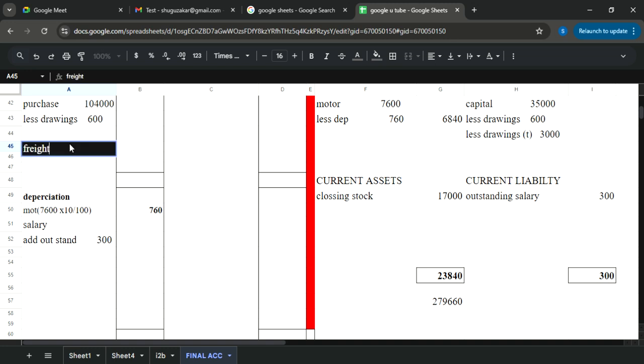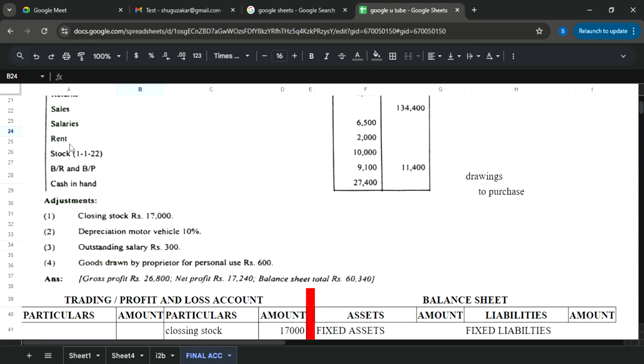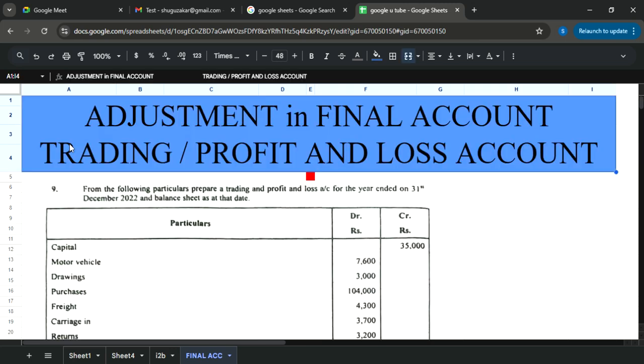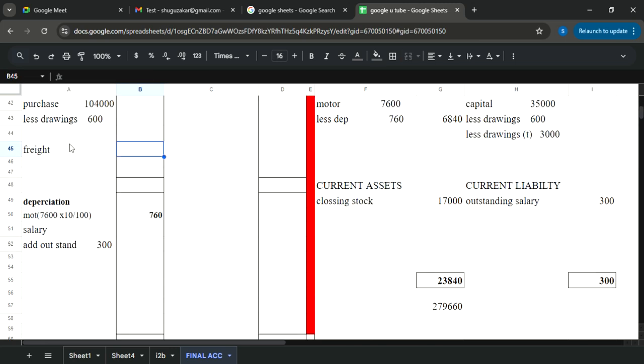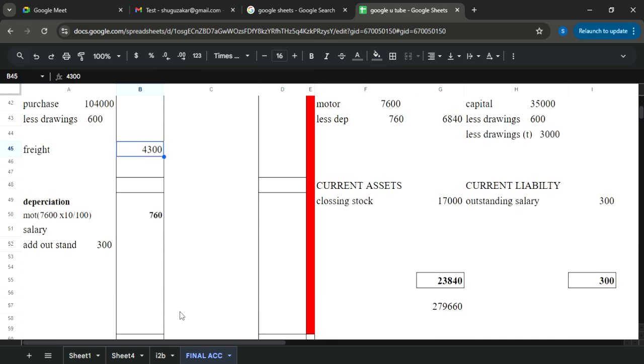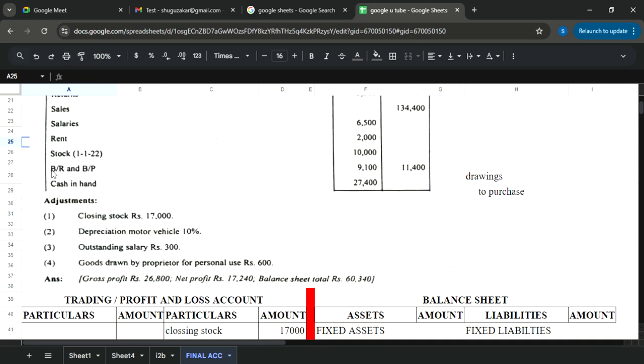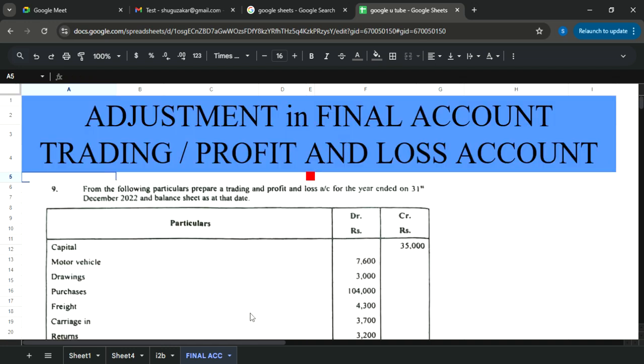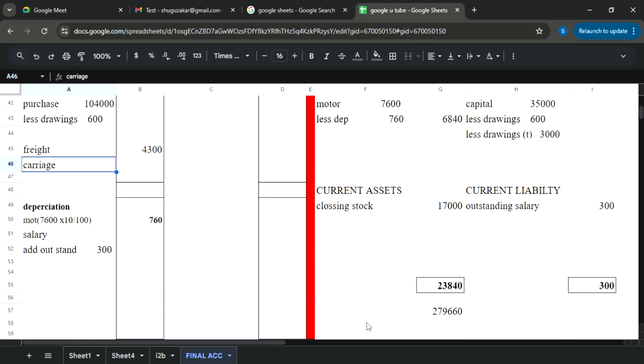Freight, the amount of freight was 4300, so just write down the amount. After freight we have carriage in, again direct expense, so you will come over here and write carriage. The amount of carriage we have is 3700. Just write down the amount.